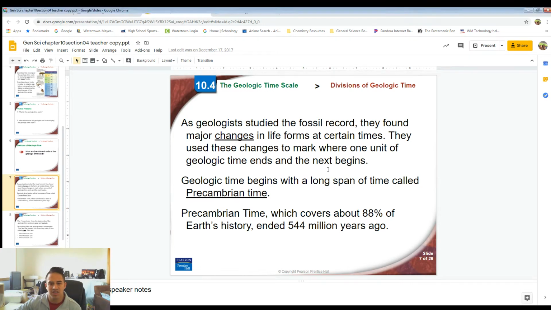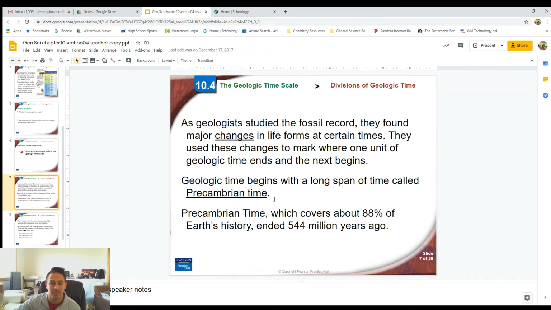Most of the eras and periods on the geologic time scale ended in some kind of extinction or some kind of major event that drastically changed the organisms that were on the planet. We're not going to talk a whole lot about some of those events, but understand that at the end of each time period or era, there was a major shift on Earth that ended that era and began the next one.